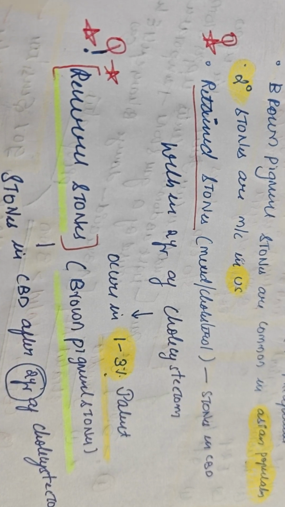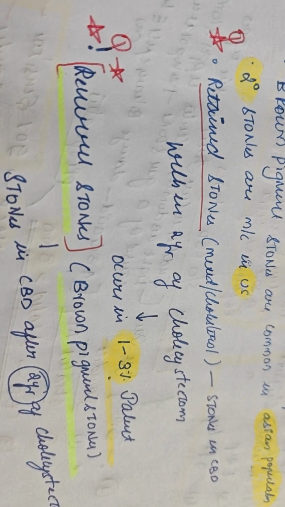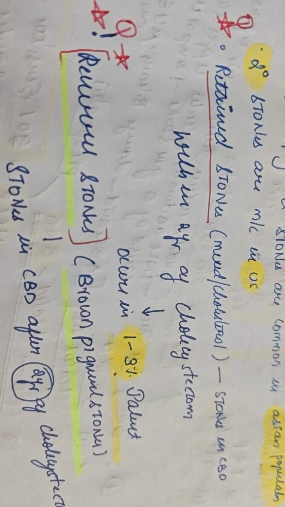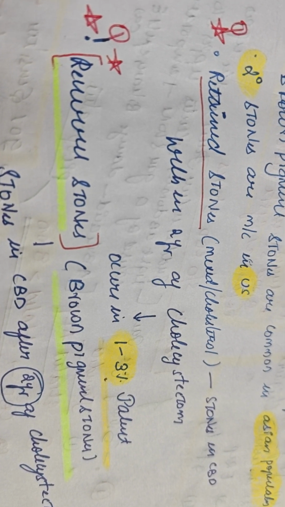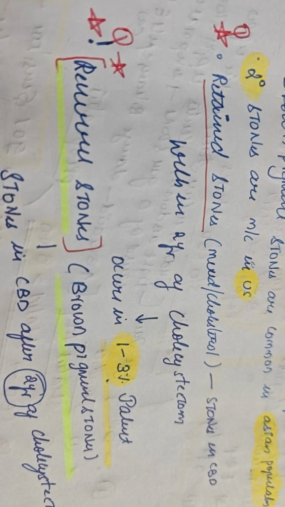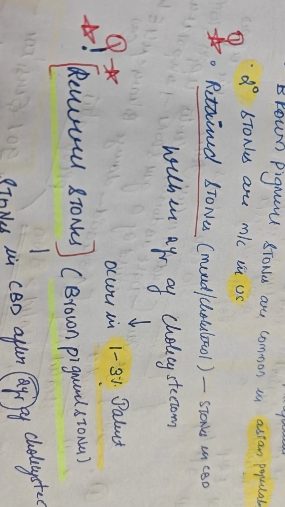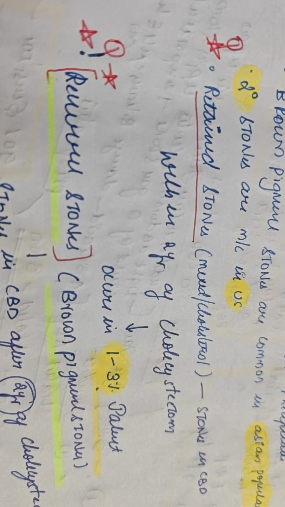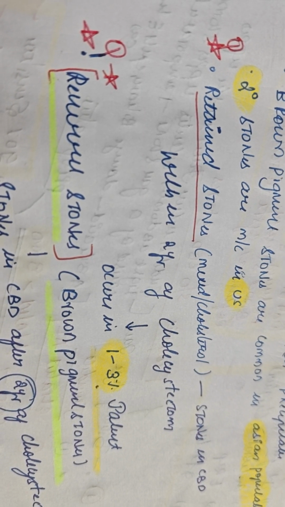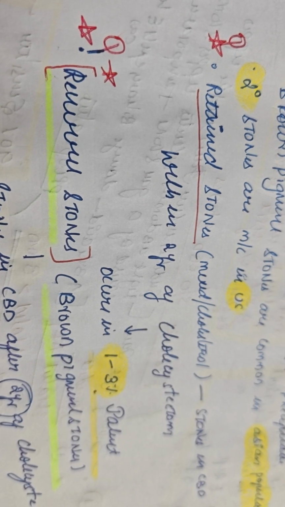That means in a person who underwent cholecystectomy, it is seen in 1 to 3% of patients, where the stone forms within 2 years of cholecystectomy. That is known as retained stones.